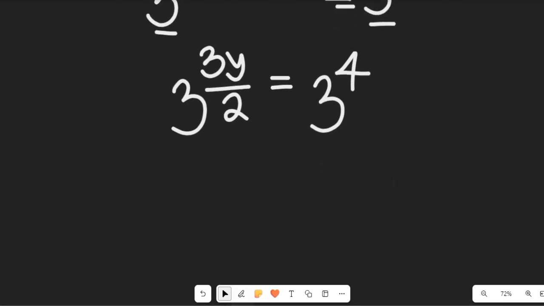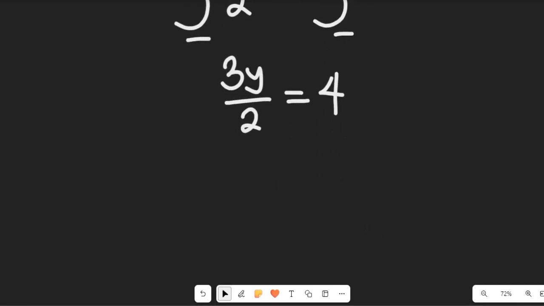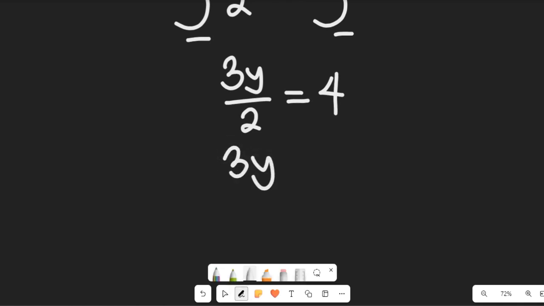So if we have the same base, we equate the exponents. So we're going to have 3y divided by 2 equal to 4. If we multiply both sides by 2, we'll have 3y equal to 4 times 2, which gives us 8.